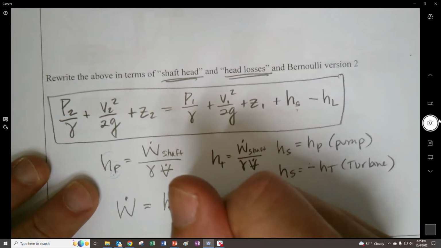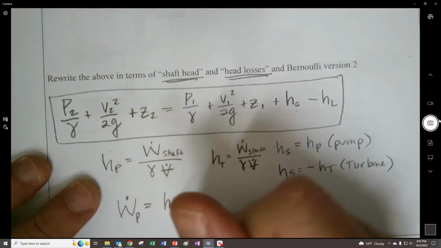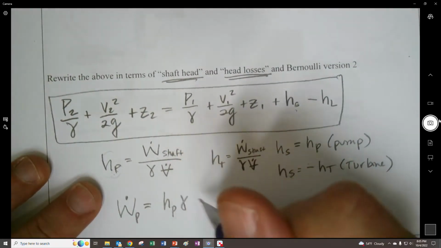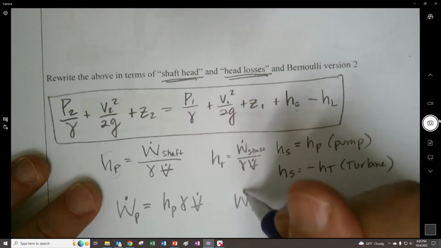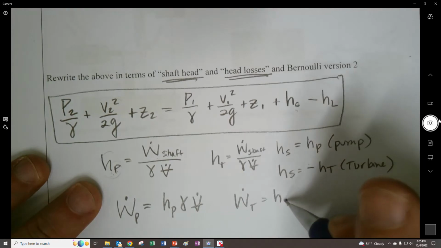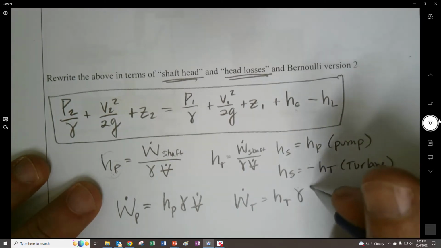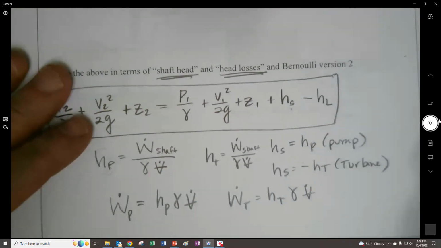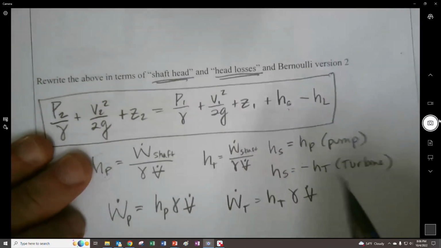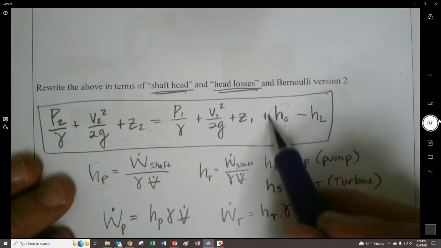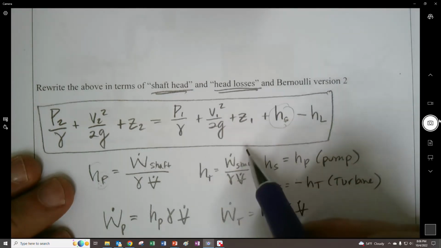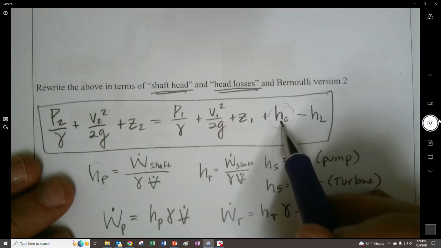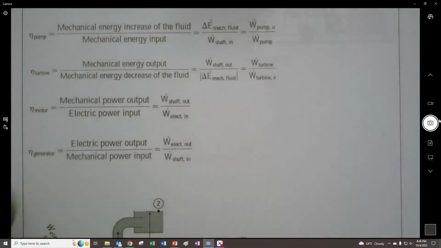So pump power, pump head, gamma, volumetric flow rate; turbine power, turbine head, gamma, volumetric flow rate. And notably this is a positive value for pump because it's adding stuff to the original. It's a negative here because it's taking stuff away from the original.